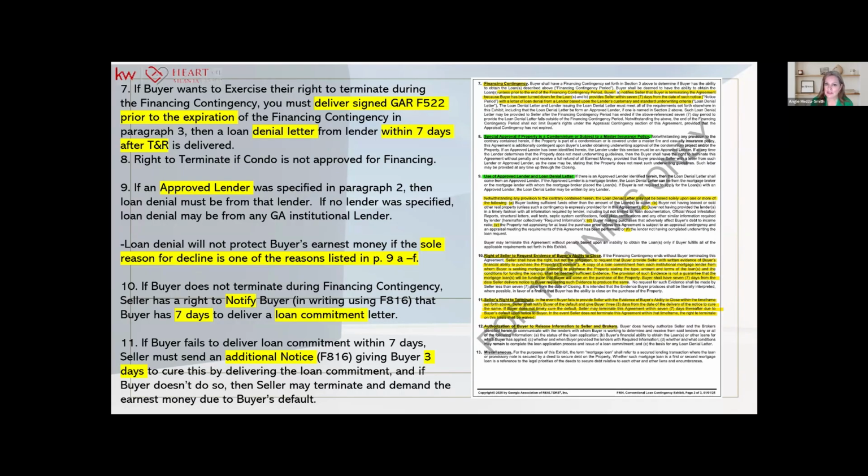However, if that's not the case, you do have an opportunity, buyer, to get out of this contract and protect your earnest money within that financing contingency period, but you have to follow 2 steps. Step 1 is that prior to the buyer's financing contingency, which we said in the previous page was 25 days from the binding agreement date, prior to that expiration, you must deliver notice to the seller that the buyer is terminating. That's the F522. It's here in your notes.